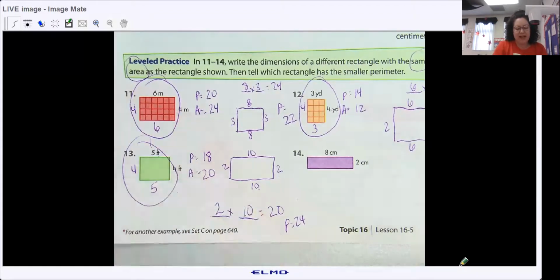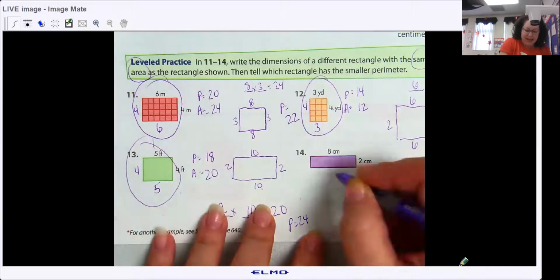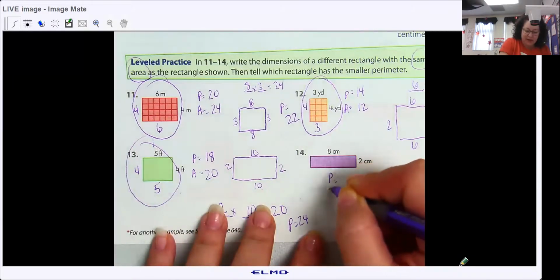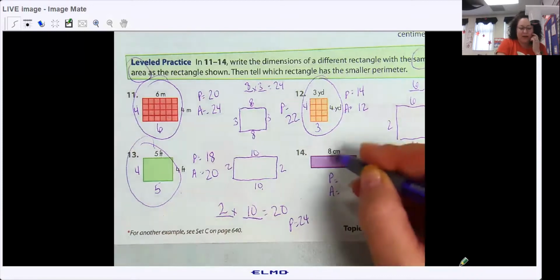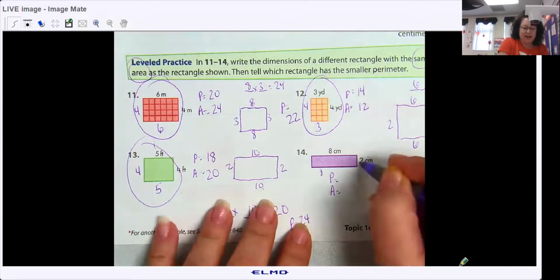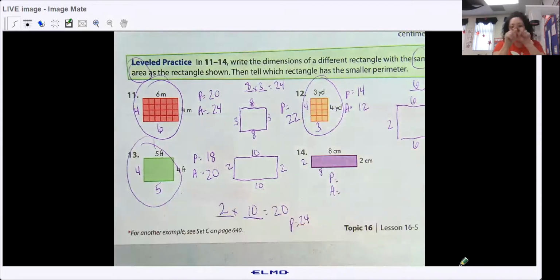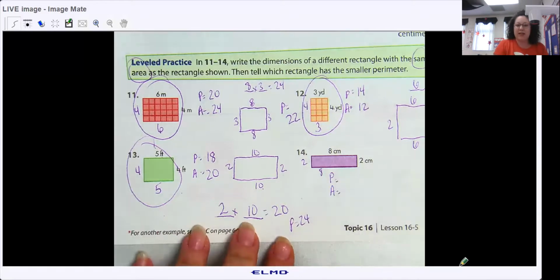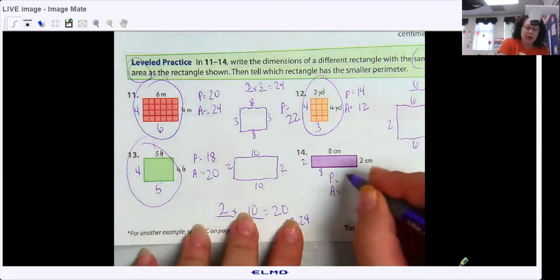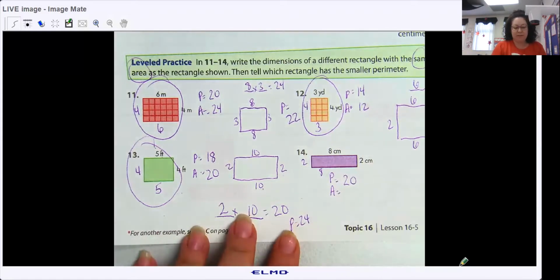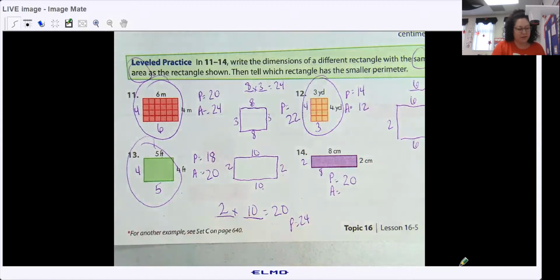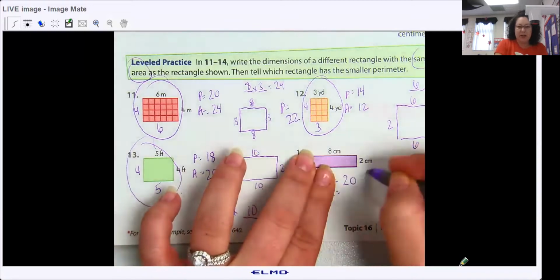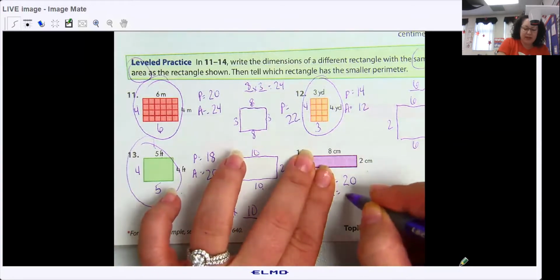Last practice of the day. Again, we're finding perimeter and area. So if this side is 8, this side is 8, this side is 2, that side is 2. Because perimeter is our fence, our outside edge. We just add up the sides. 2 plus 8 is 10, 8 plus 2 is 10, 10 plus 10 is 20. And our area, remember, we just multiply and we get 16.